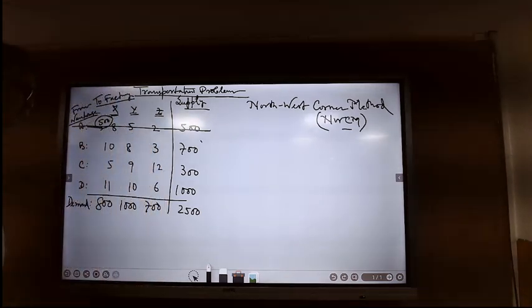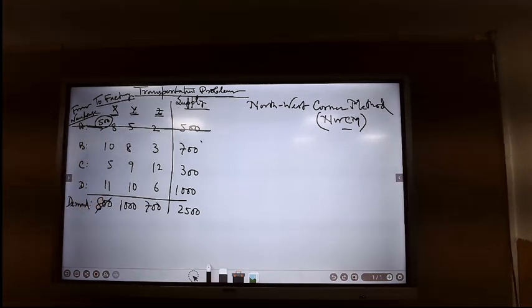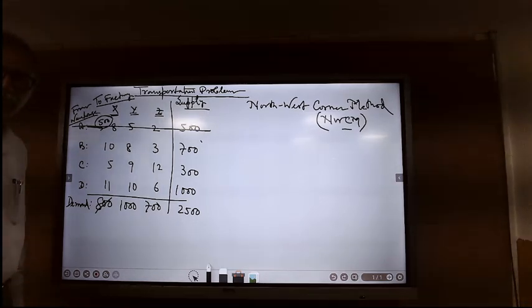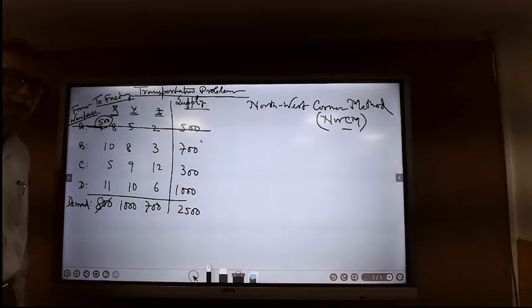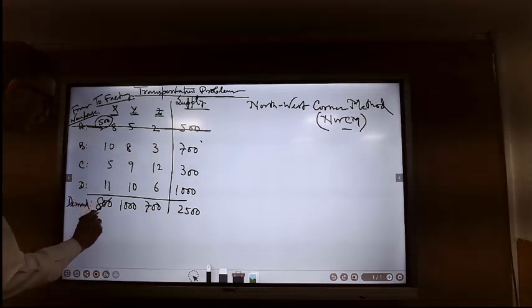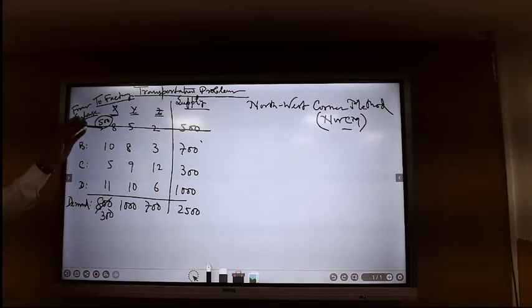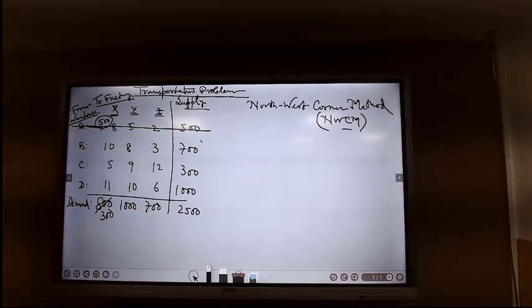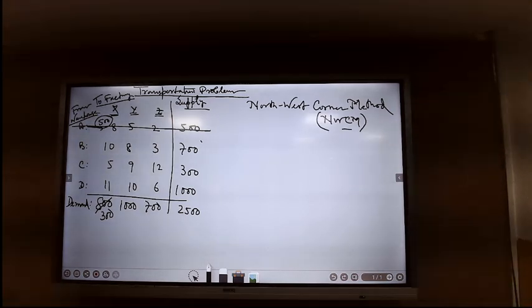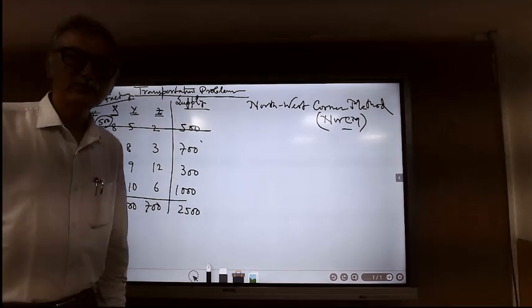And out of 800, 500 units being satisfied by A, factory X still demands 300. So factory X still has a demand of 300. Let's see which other warehouse is ready to dispatch this 300.